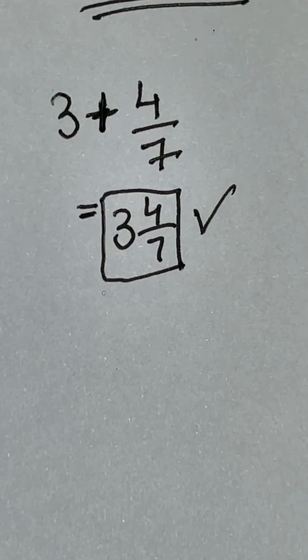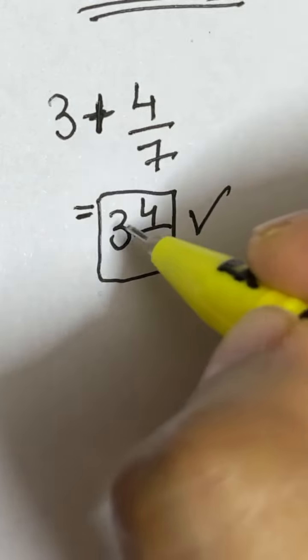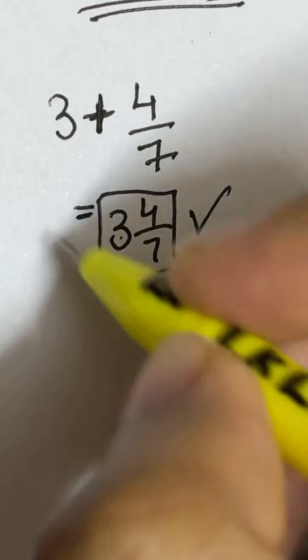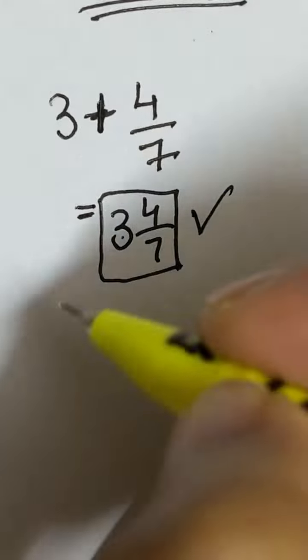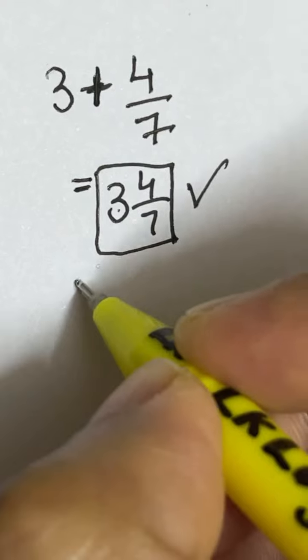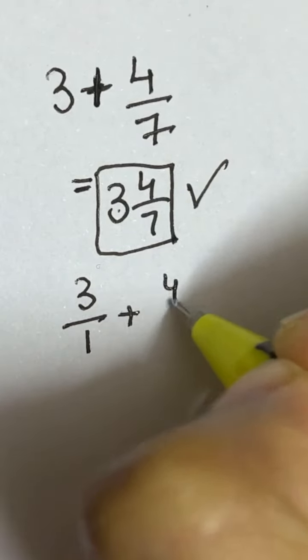How can you get such a simple answer in just a step? What you have to do is write the whole number, write the fraction, and that's your answer. Done. But how do you do it when a teacher teaches you? You just take the denominator as 1 when you don't have anything, plus 4 over 7.